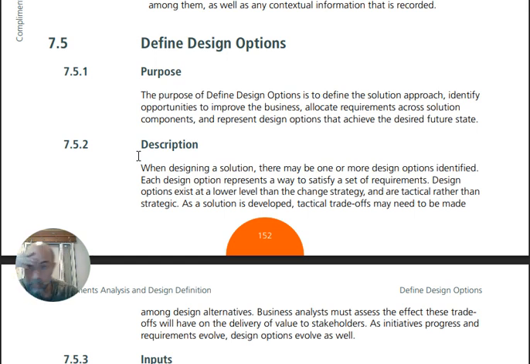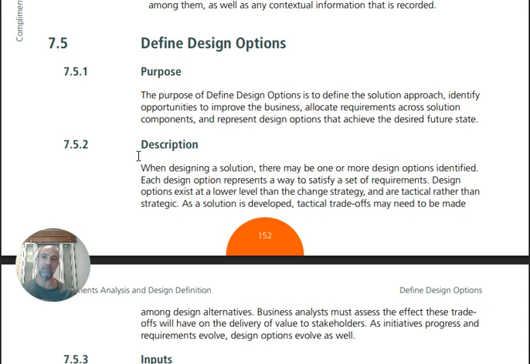Quick recap before we work with the chapter surrounding requirements analysis and design definition. Truthfully, the design that we're doing right now is just to explain our work and why and how it's relevant.